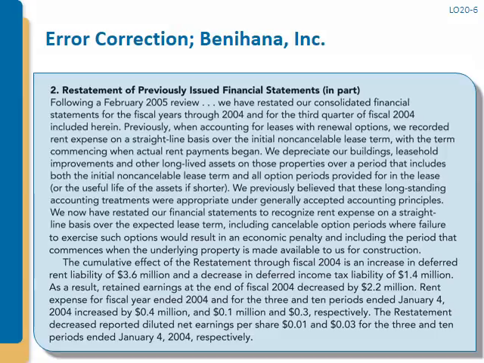As the note indicates, Benihana's previous earnings had been overstated by $2.2 million as a result of the error, and the retained earnings balance was accordingly decreased in the correcting journal entry.